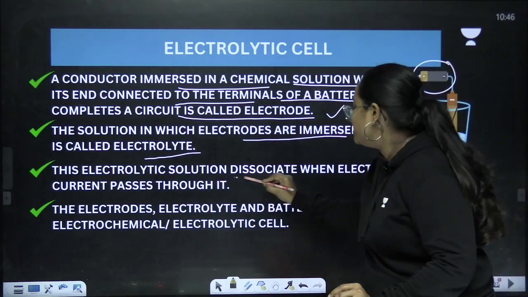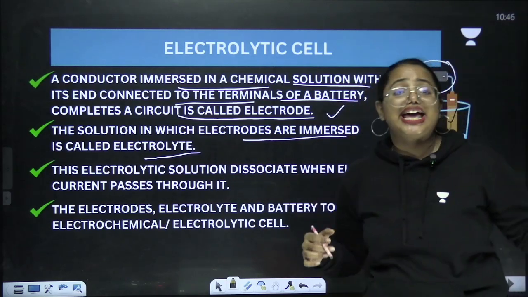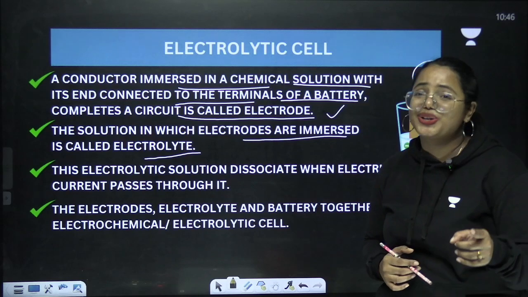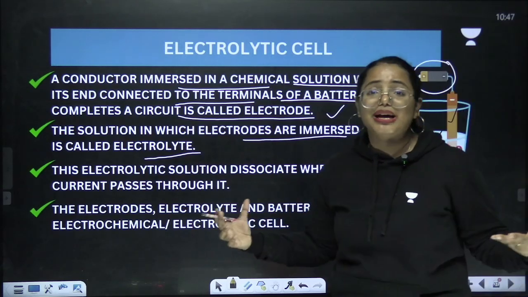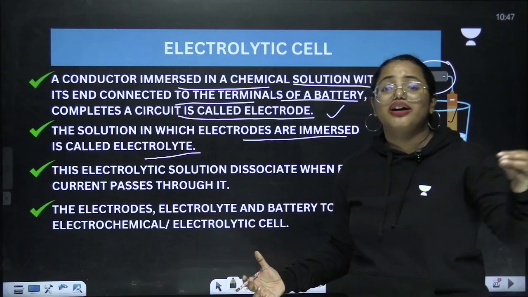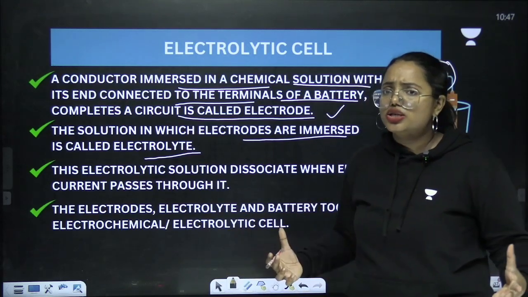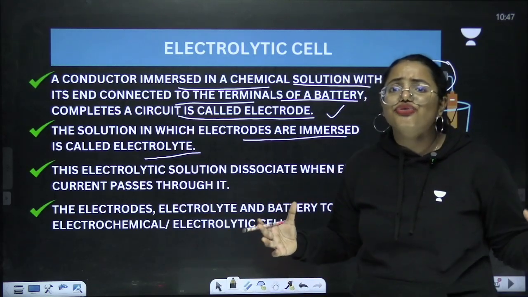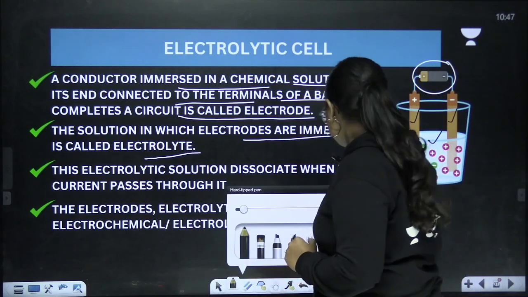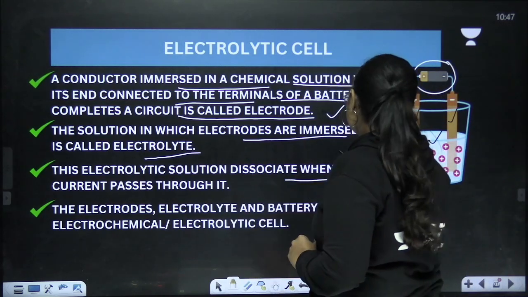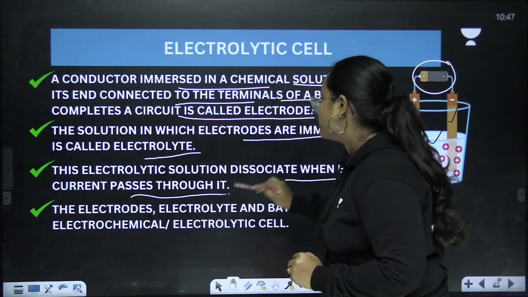And the electrolytic solution dissociates when electric current passes through it. I told you, right? The conducting solution has the capacity to undergo a chemical reaction when electric current passes through it. Through this, it can dissociate to form ions. That is an important thing, right? So it can dissociate when electric current passes through it.